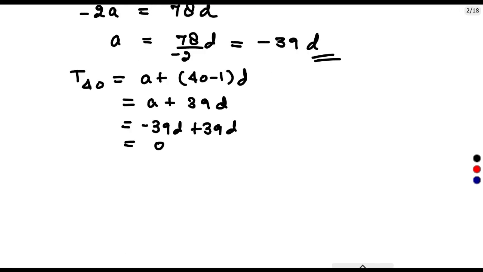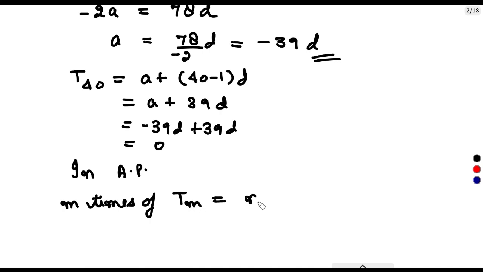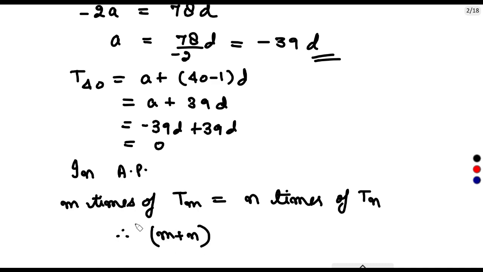Now we can generalize this result in an AP. If m times of mth term is equal to n times of nth term, then m plus nth term will be 0.